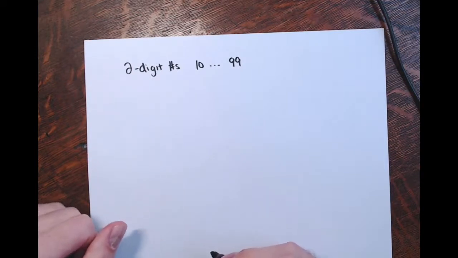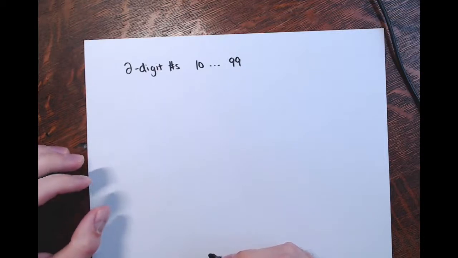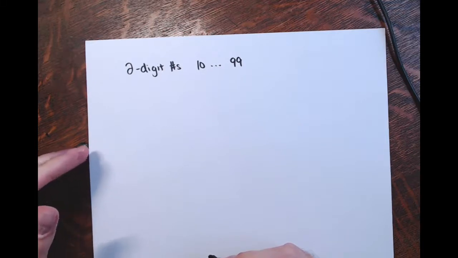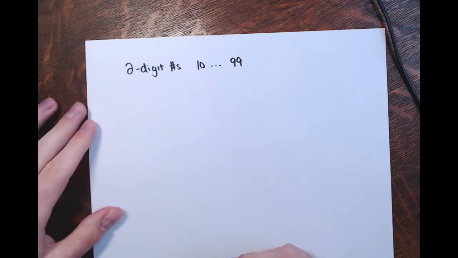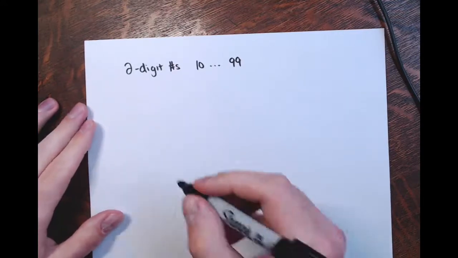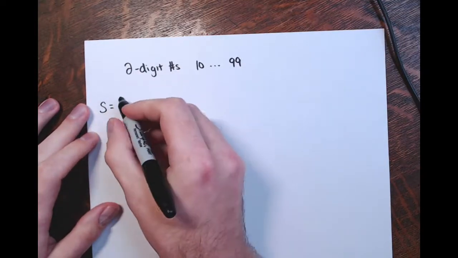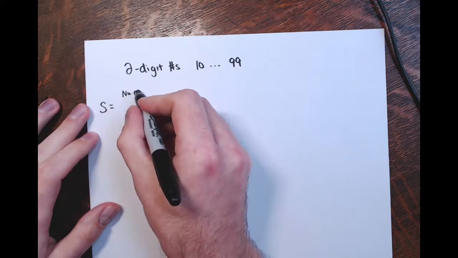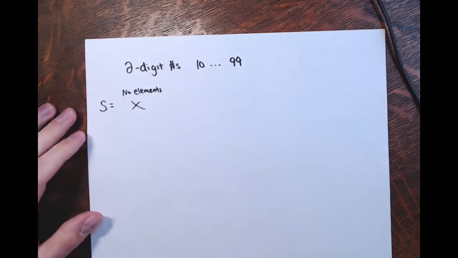So they're asking how many 2-digit numbers must be in a set in order to apply the pigeonhole principle to conclude that there are 2 distinct subsets of those numbers whose elements sum to the same value. Alright, so say we had a set with no elements. Well, that's silly, so I'm not going to worry about that scenario.